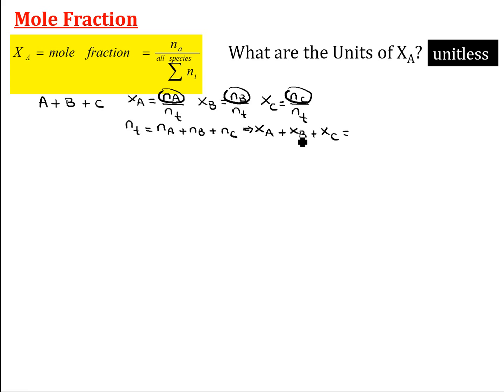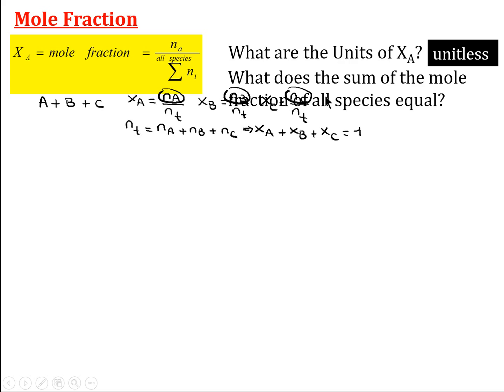So XA plus XB plus XC is equal to N total divided by N total, which is equal to 1. So the sum of the mole fractions of all species present in a solution is equal to 1.